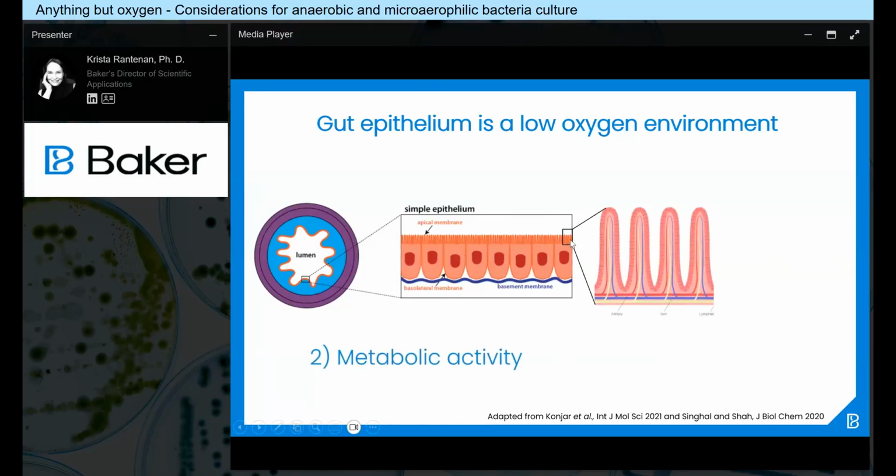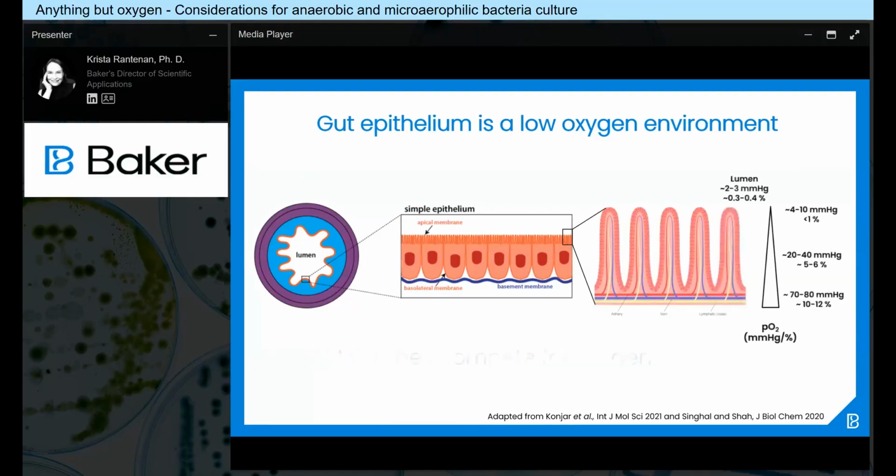The metabolic activity is an interesting one. The intestinal epithelial cells are metabolically very active because they have roles in things like nutrient absorption, secretion, and barrier function. This high metabolic activity consumes oxygen, which again contributes to decreased local oxygen levels.